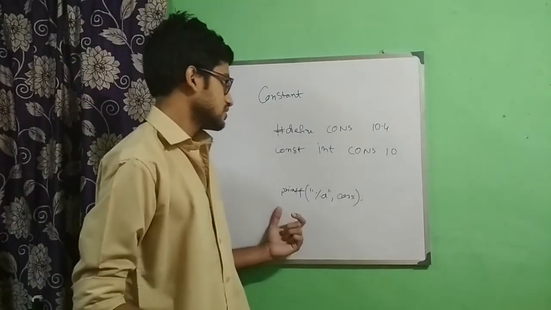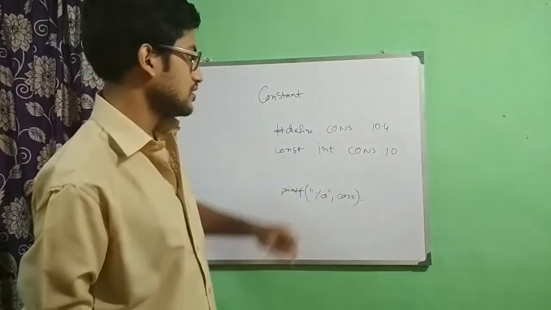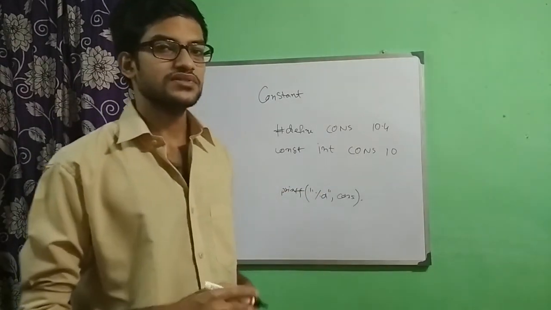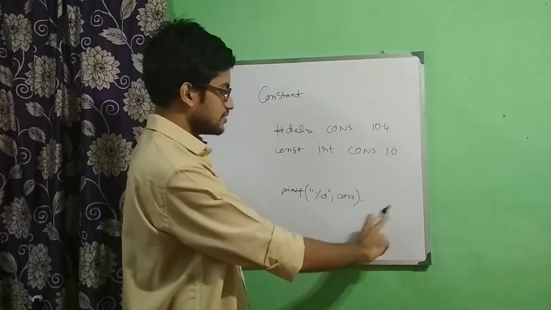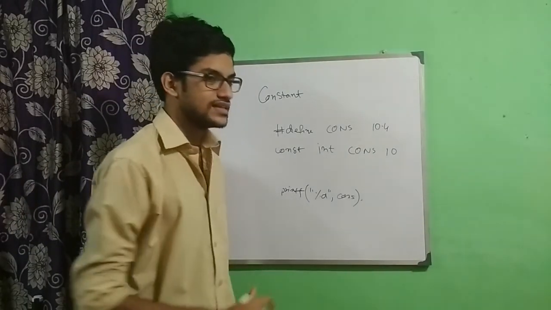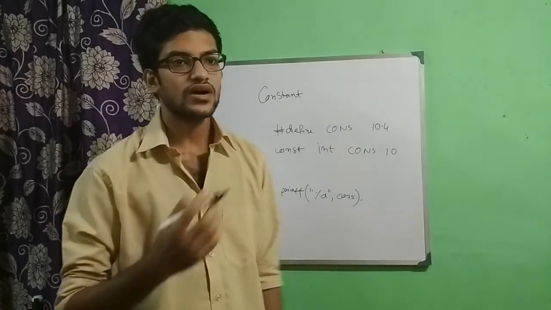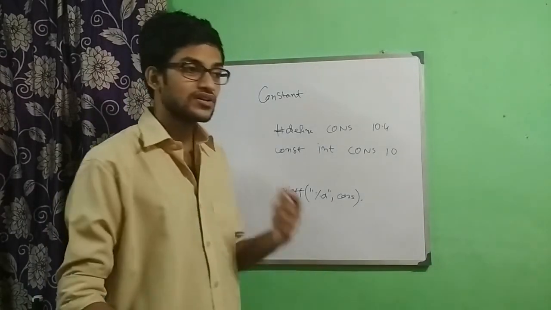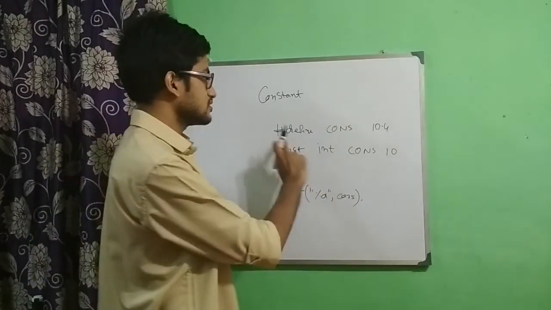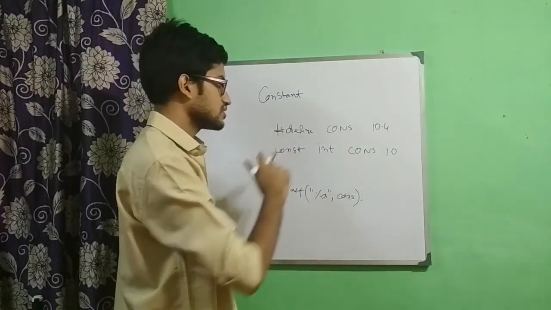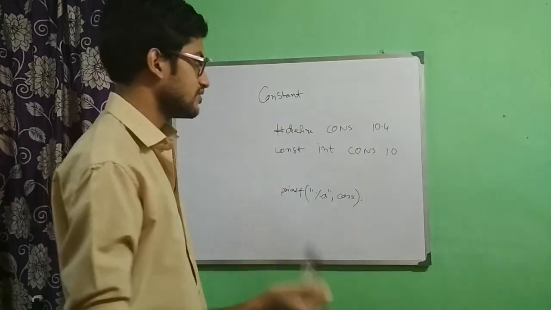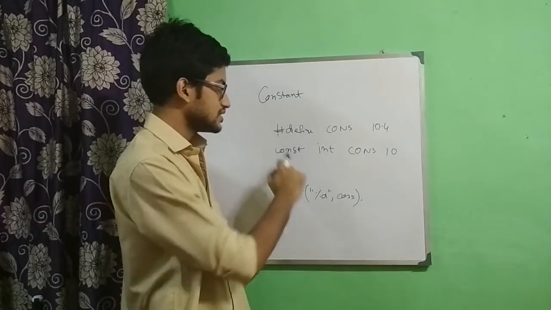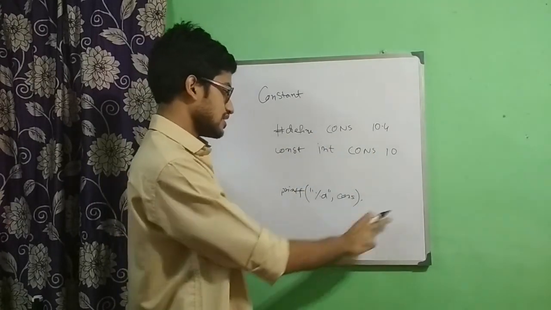In very big programs, this statement may arise after 100 or 200 lines. Before that, the actual constant is declared and defined, but you cannot see that line. You can only see this statement.